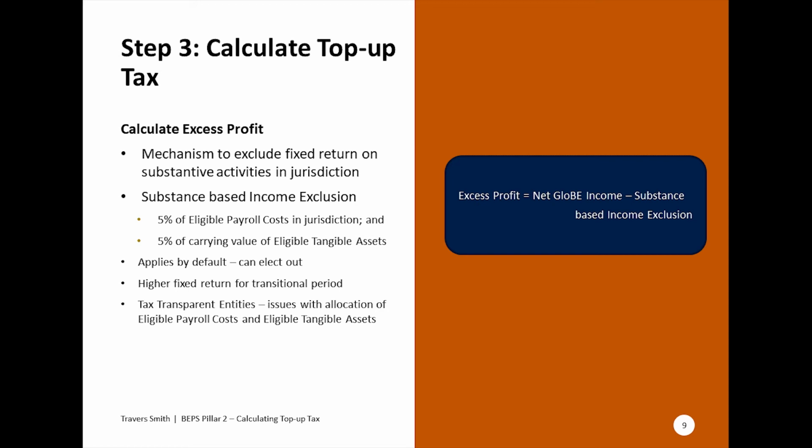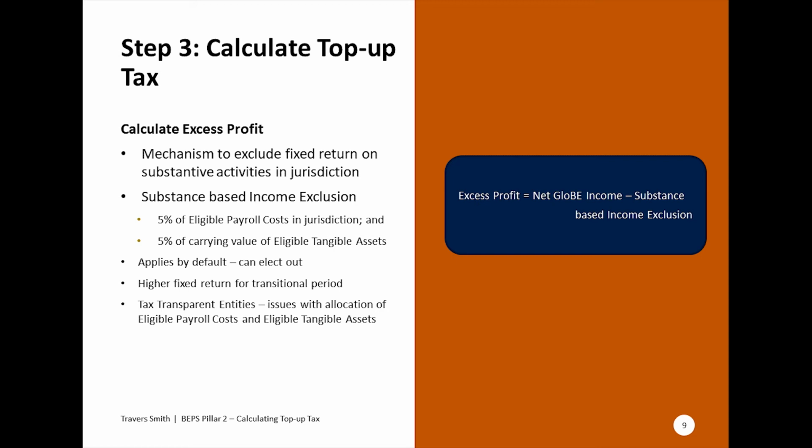If there is no substance in the jurisdiction, or if the group has elected out, then the whole of net GloBE income will be excess profit. But if the substance-based income exclusion figure is equal to or exceeds the net GloBE income, then no top-up tax will be due in relation to current year activities.